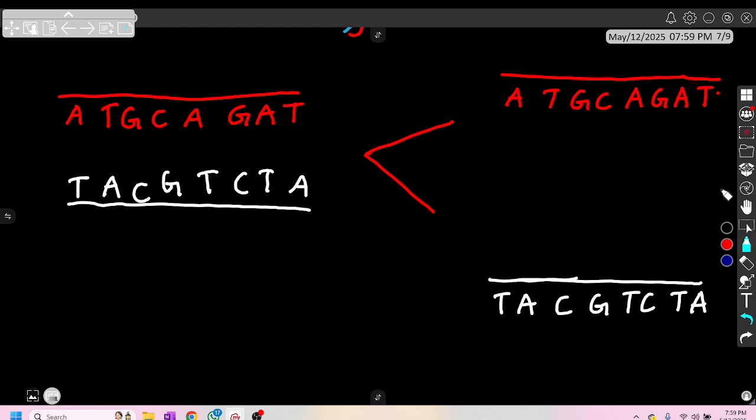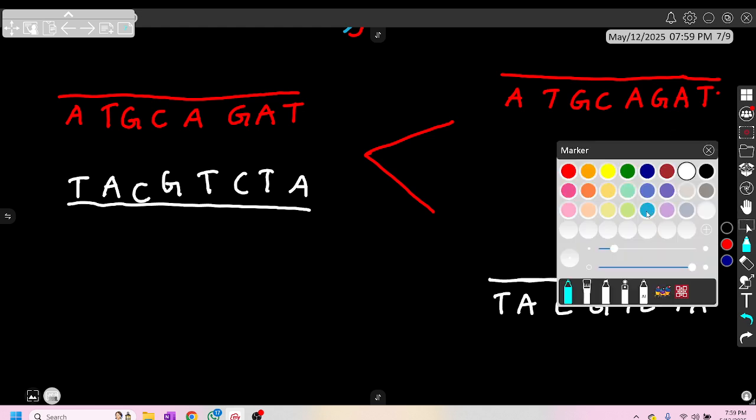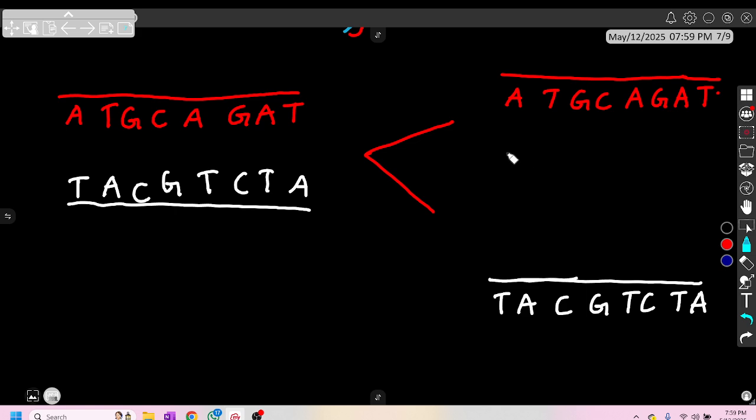We have already said that each strand will synthesize its own complementary strand. Its own complementary strand means a new strand will be synthesized. Opposite to A, T will be there. Then A, C, G, T, C, T, A. So this will be one new DNA.